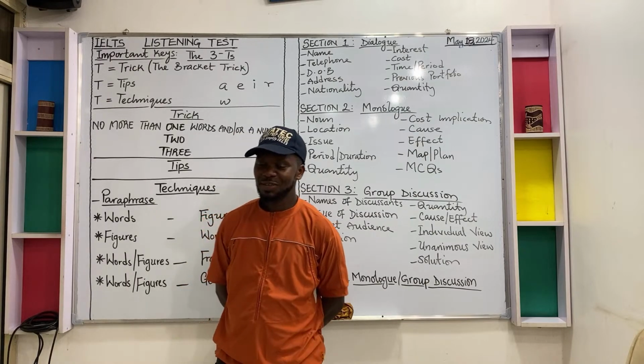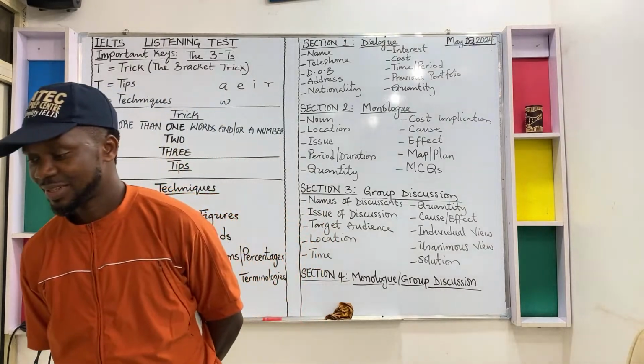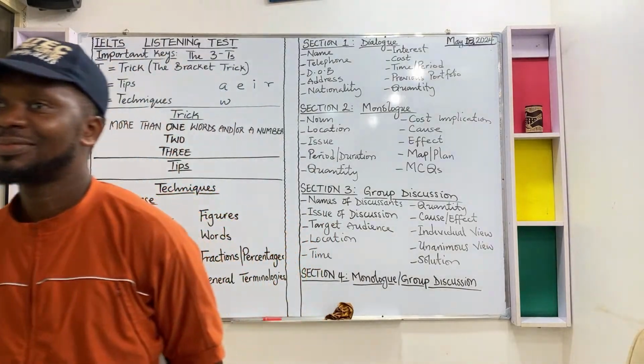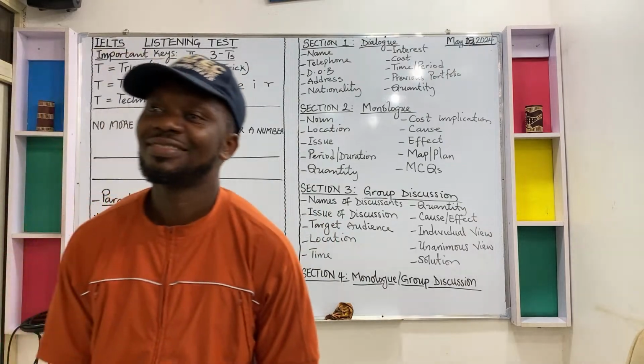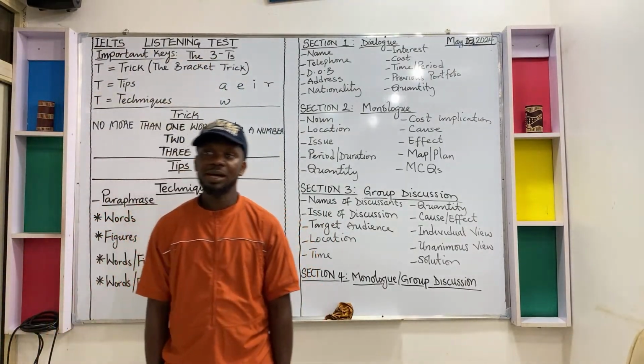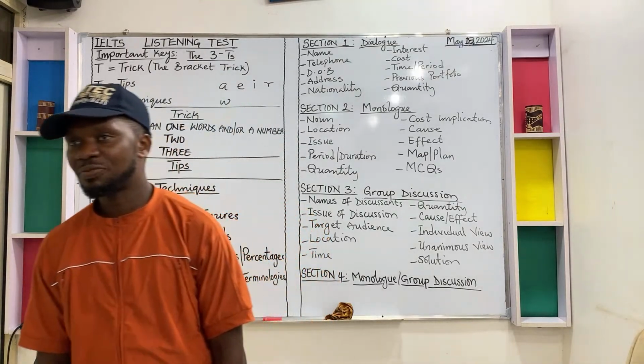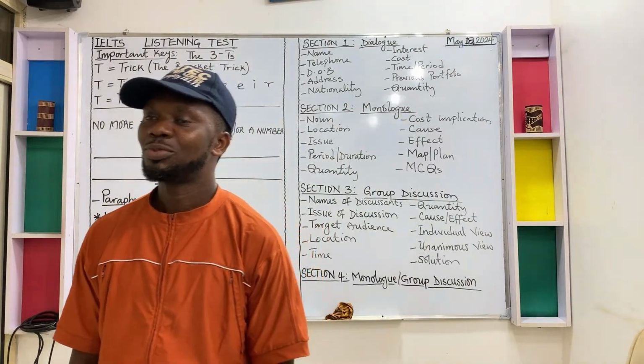A person from Kenya is a Kenyan. A person from Ethiopia, Ethiopian. A person from Burkina Faso, Burkinabe.